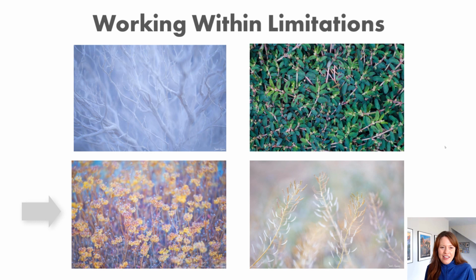The lower left is a buckwheat plant in Death Valley National Park that was months past blooming. So that's an example of if you have dormant plants in your yard, you might be able to turn it into something beautiful. And then the final example on the lower right is a plant that had gone to seed. So you don't need peak blooms to make beautiful photographs of plants.